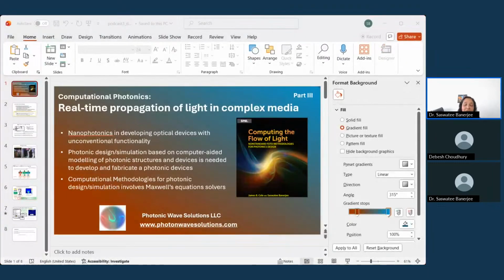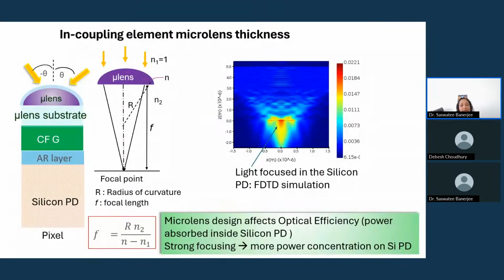There is one more element that is very important for light absorbing devices, especially small devices. You would like to capture as much light as possible, because you want to boost the quantum efficiency or optical efficiency, that is the amount of light absorbed in the photodiode.